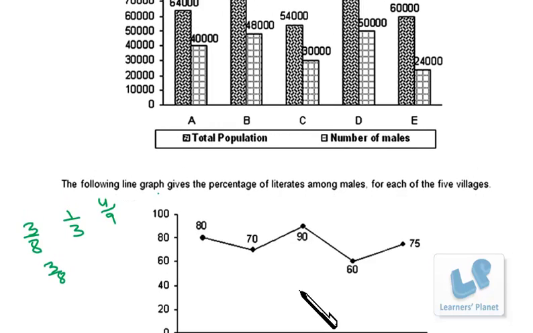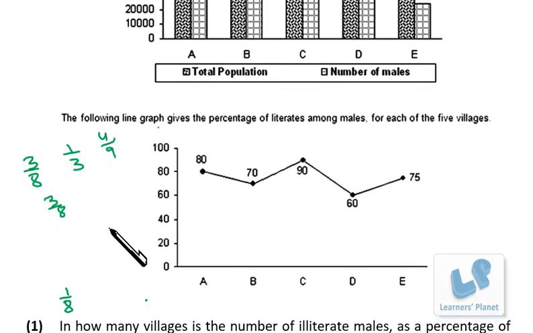Similarly, we can calculate for the second village. 48 into 30% divided by 72, 48 into 0.3 by 72, so that's 0.2. So I can say 20%, right? So this is also not in favor.